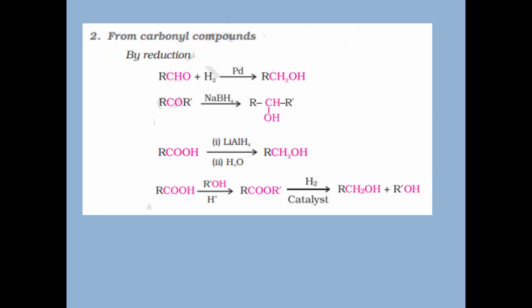And if the carboxylic acid is first converted into an ester, then the ester reduced with hydrogen and catalyst also gives a primary alcohol, with cleavage of the ester bond.